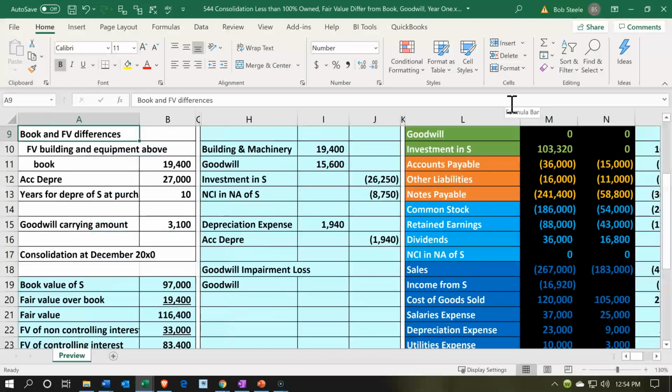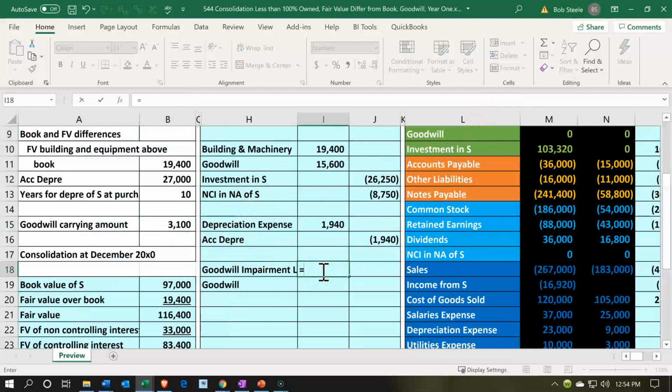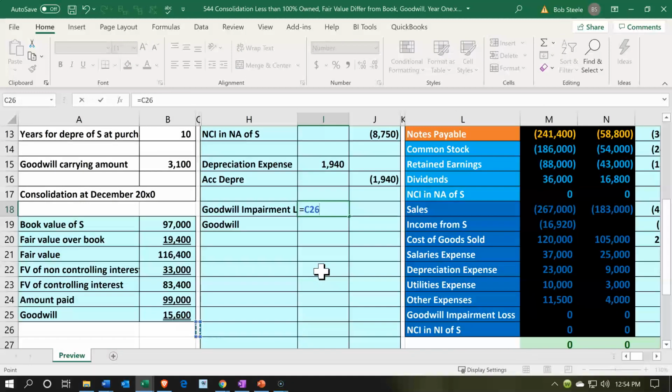That's how it typically works: they give you the carrying value, and it's a subtraction problem to get there. So the 15.6 minus the carrying value means we have to decrease it by 12,005 to get from 15.6 to the carrying value of 3,001.